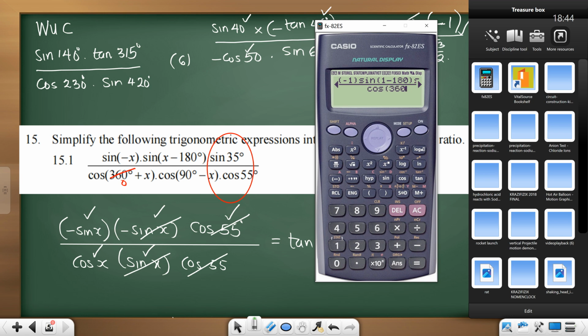Cos what? 360 plus 1, multiplied by cos 90 minus 1. Is that fine? And then cos what? 55. Right? I got a 10. Shift 10, answer 1. Because I got a 10, I'm reversing the answer that I got to make sure I get my x as what? 1. Here, get the 6 marks, get the 7 marks.